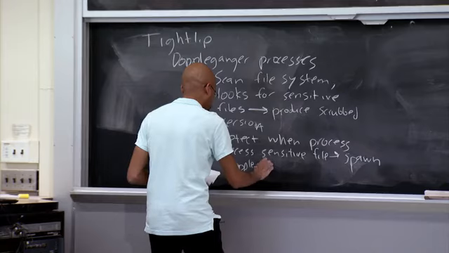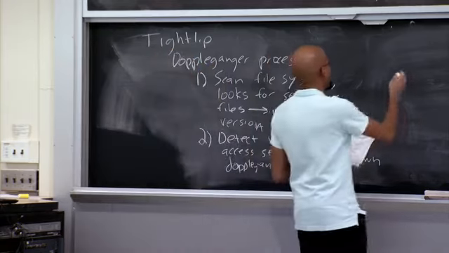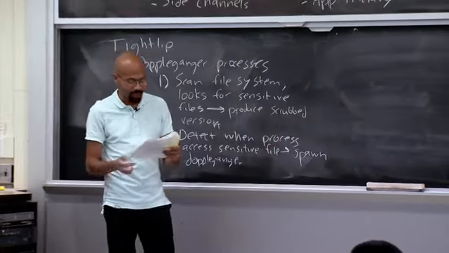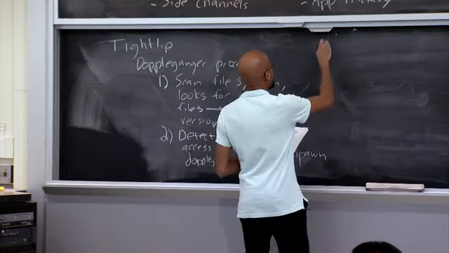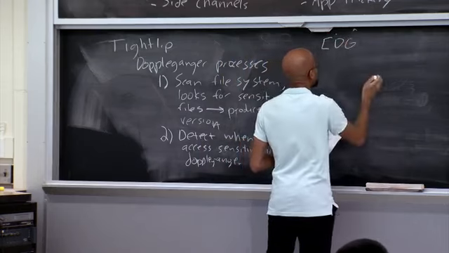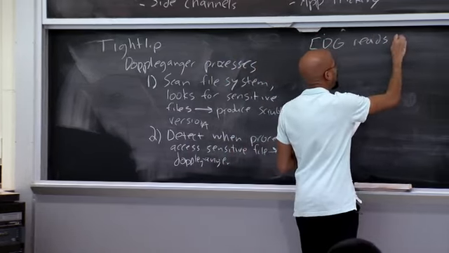The doppelganger process looks very similar to the original process that tried to touch that sensitive data. But the key difference is that the doppelganger, which I'll abbreviate DG, reads the scrub data.